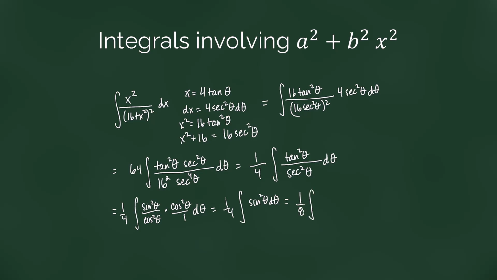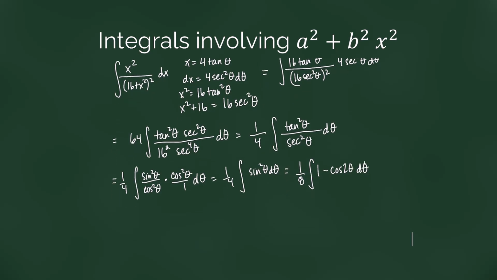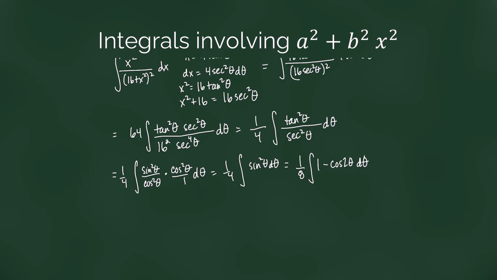We know that to do an even power of sine, we're going to use a power reducing identity, so we're going to rewrite that as 1 minus cosine of 2 theta over 2, but we'll bring the 2 out front, making the fraction 1/8. And now we anti-differentiate, so we get 1/8 times theta minus 1/2 the sine of 2 theta. And of course we need our plus c.